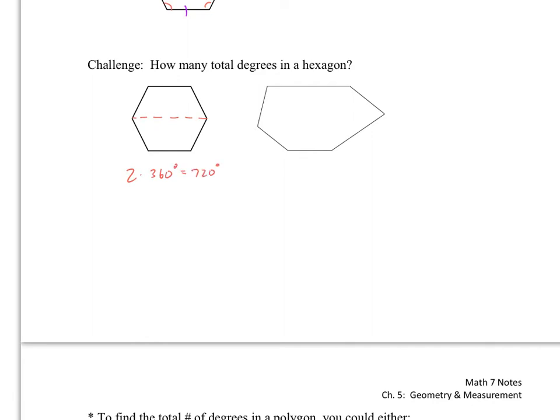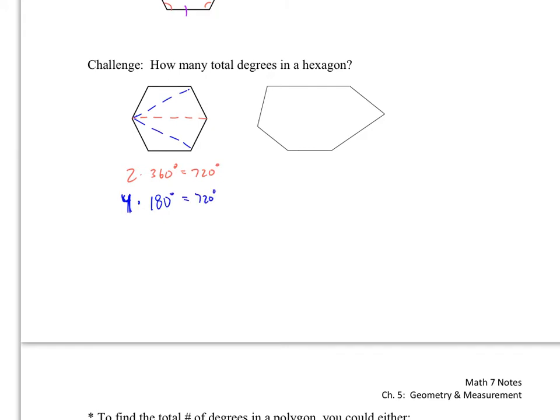Another way, if you can't break it into quadrilaterals, what other shape could I break it into? Triangles. And what do we know about triangles? They're 180. How many triangles do you have? It depends, you could make 4 triangles. 4 times 180 equals 720.